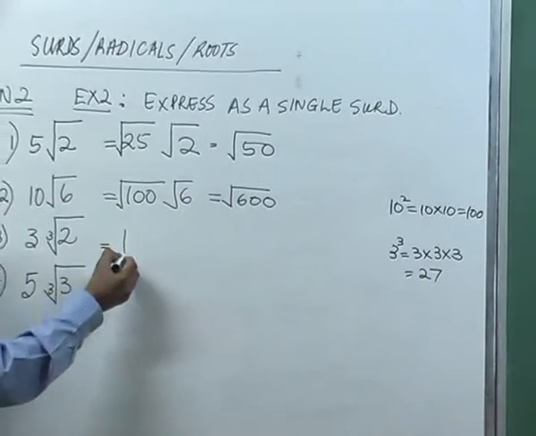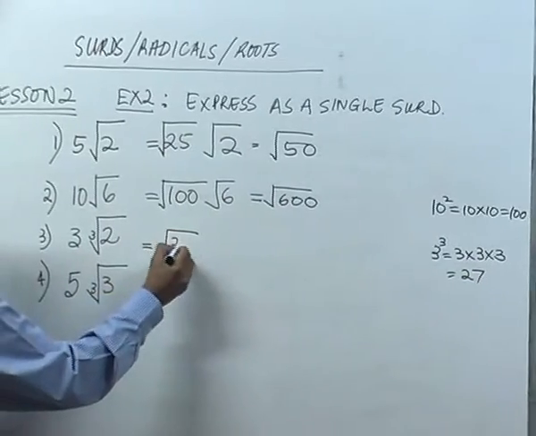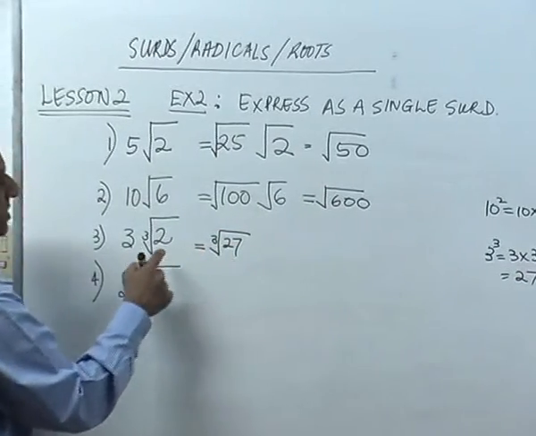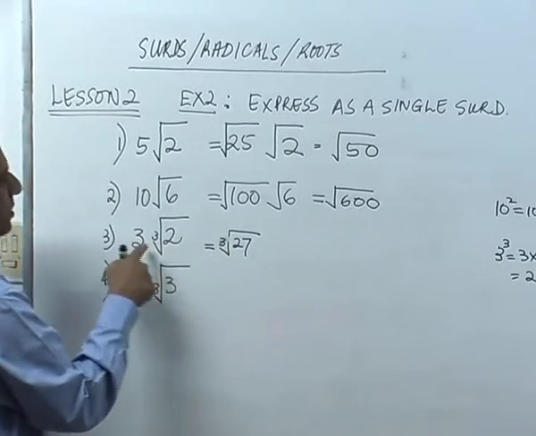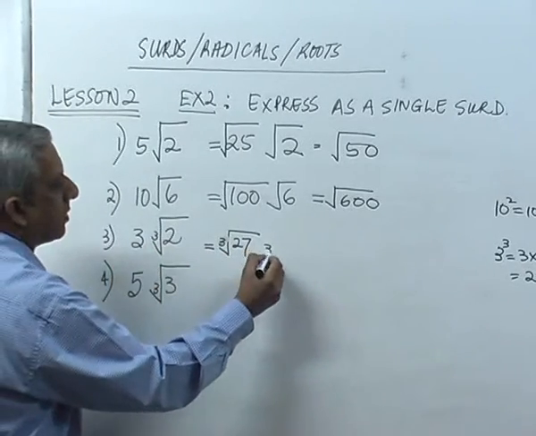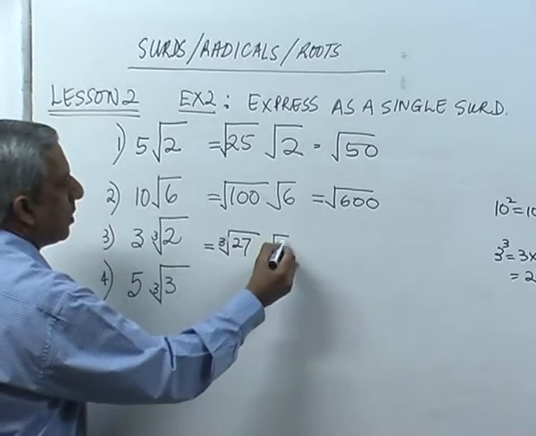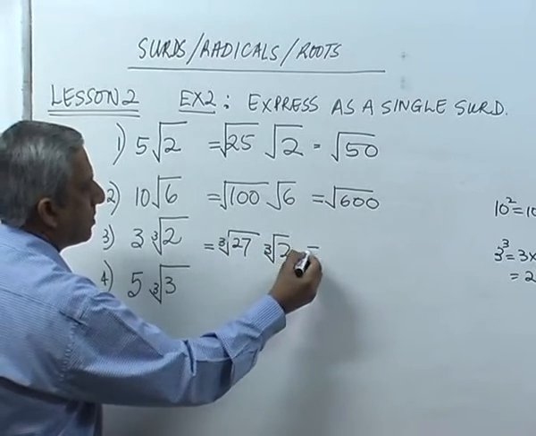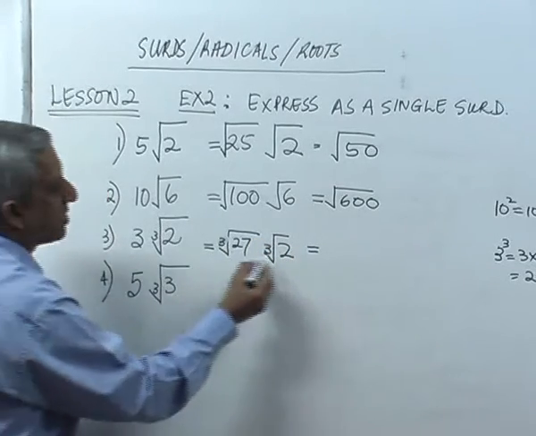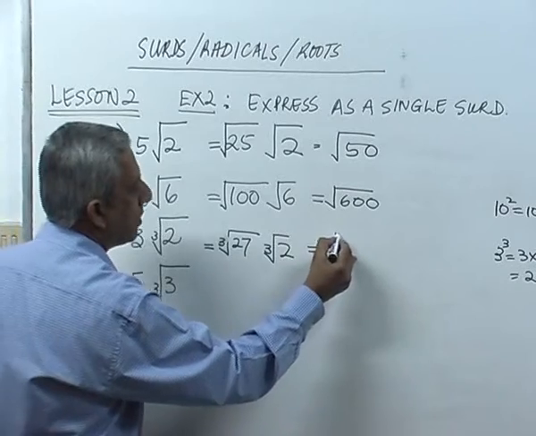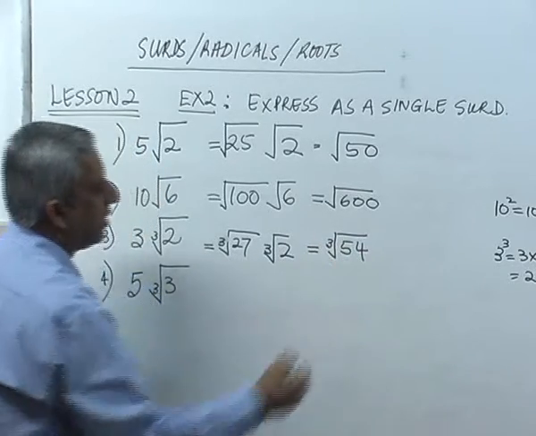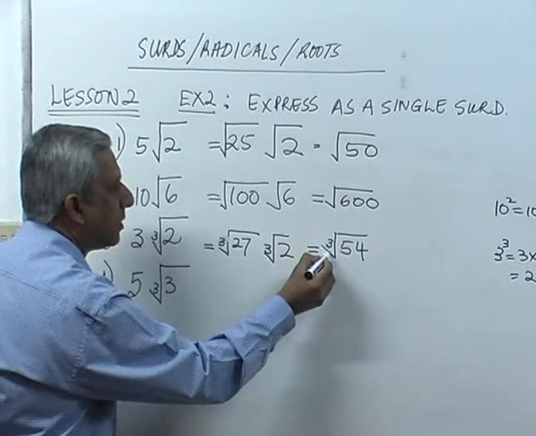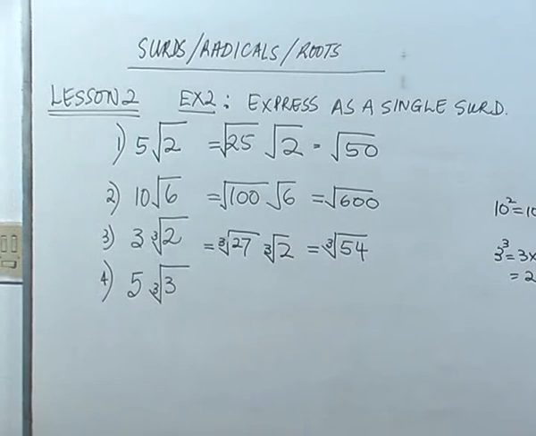So this is cube root of 27, cube root of 2, which gives you 27 times 2, 54, and you must write the 3 because we're dealing with cube root.